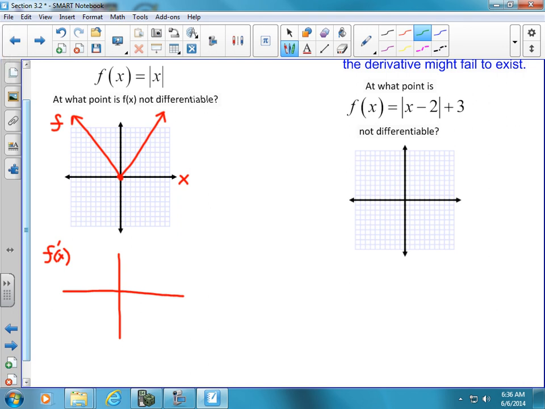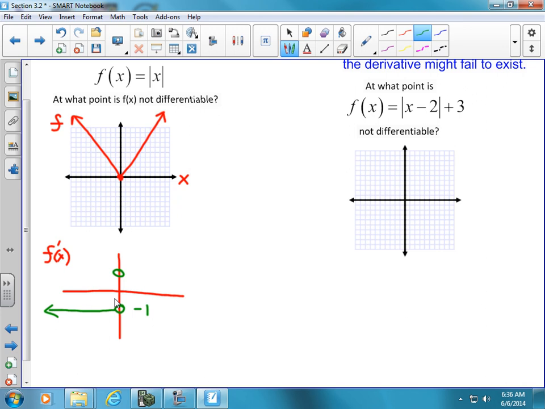x equals 0. And if you draw a picture of the derivative graph, on the left-hand side, less than 0, the derivative of this function, the slope of the tangent line, is -1. So that is graphed like this, -1.